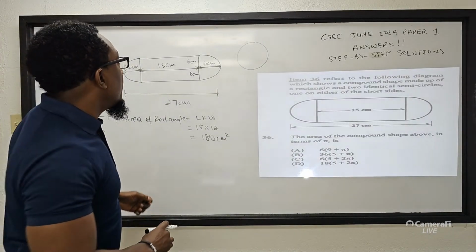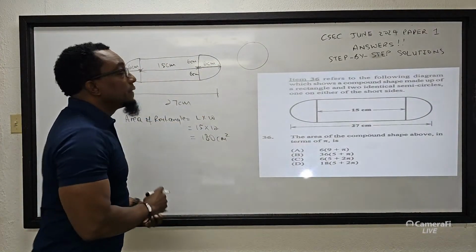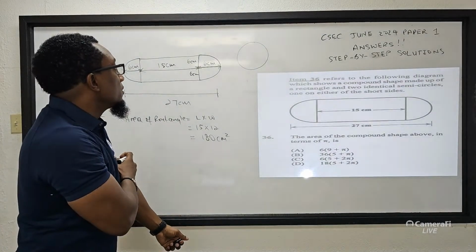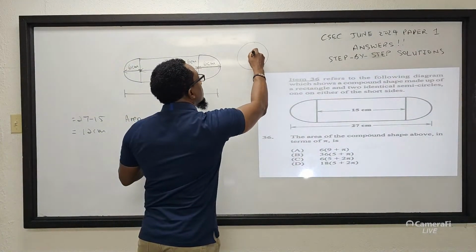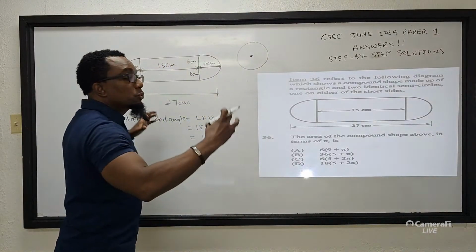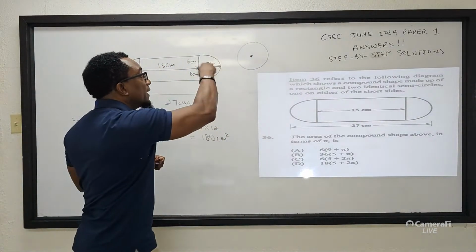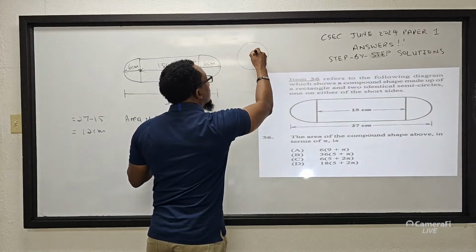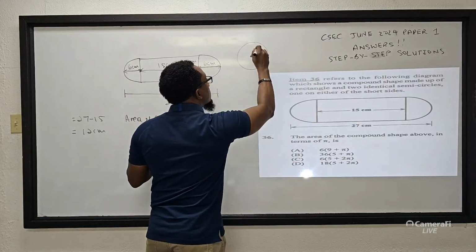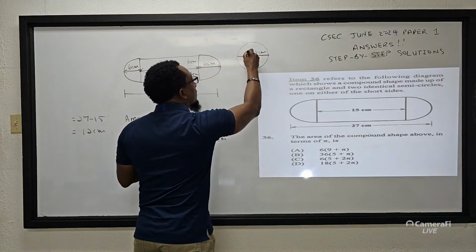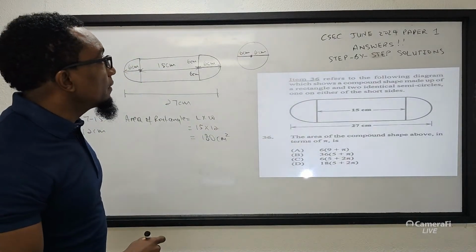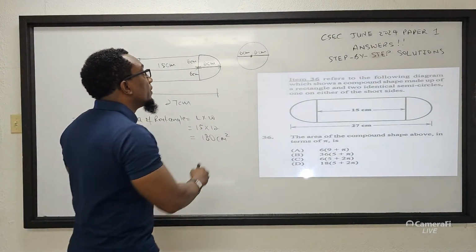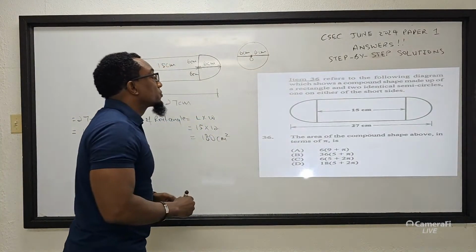But let us also find the area of the circle. Remember these are two semicircles. This is the center. My two semicircles combined will give me a full circle. If this is 6 centimeters, this is also 6 centimeters. I have my diameter, which is 12, but the radius of my circle will be 6.